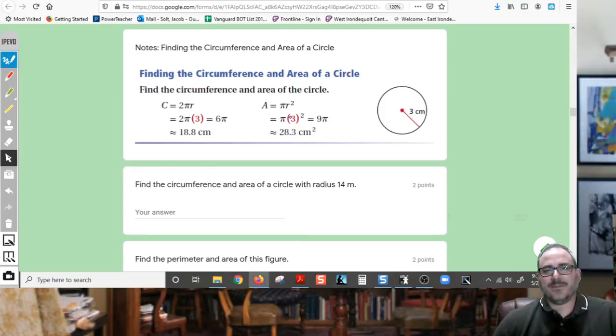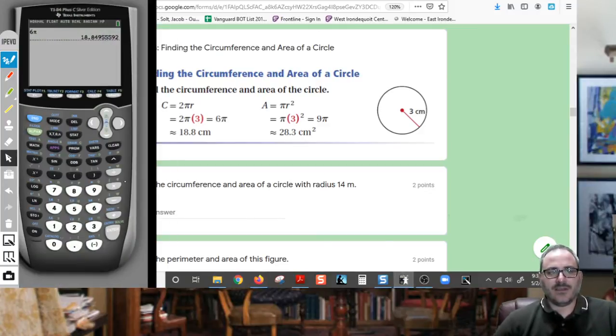That's okay. The area is pi times r squared. Our radius, r, is 3, and 3 squared is 9. So the area is going to be 9 times pi. I'm going to show you pi first again.